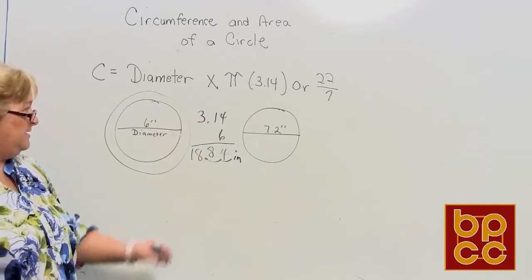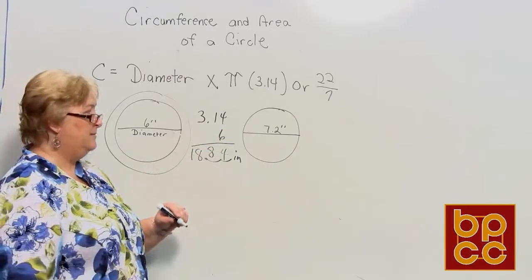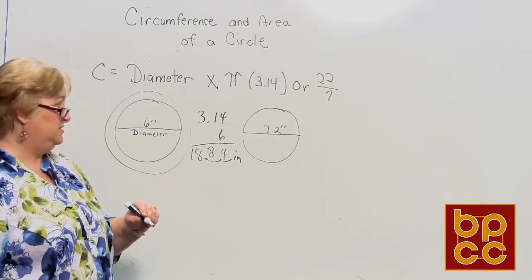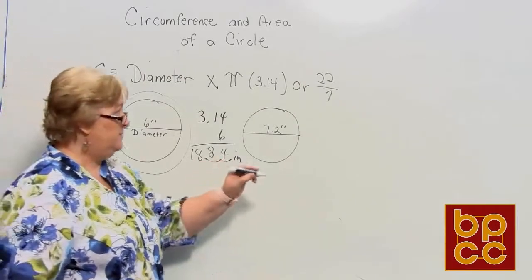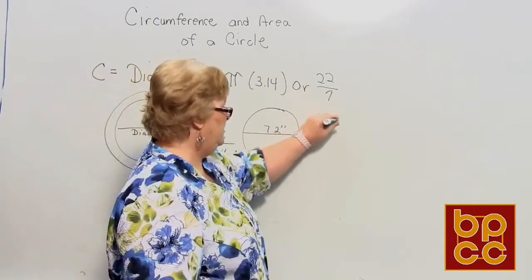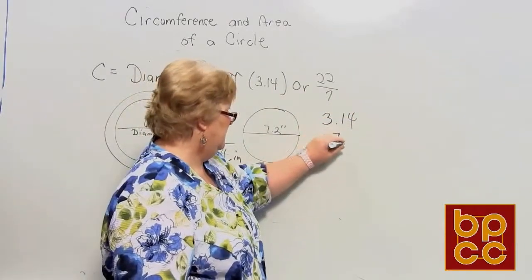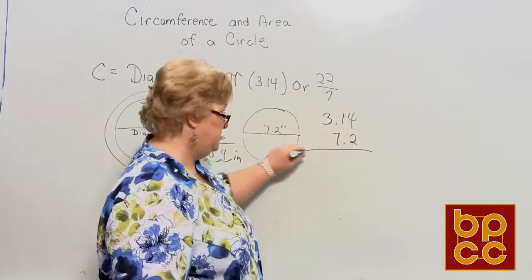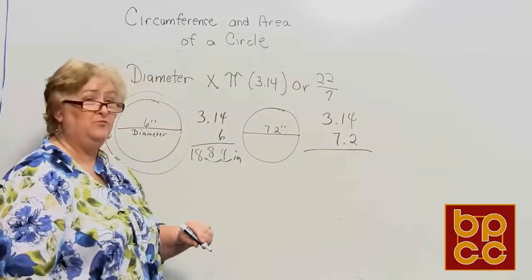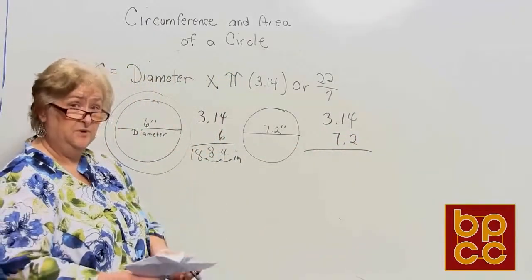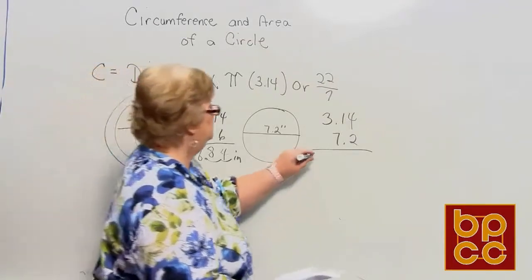Okay? All right, let's try this decimal one. The diameter has been given as 7.2. So I'm going to take the 3.14, which is pi, and I'm going to multiply by 7.2. Now I'm going to go ahead and write the answer, and then we're going to place the decimal, okay? The answer on this one.